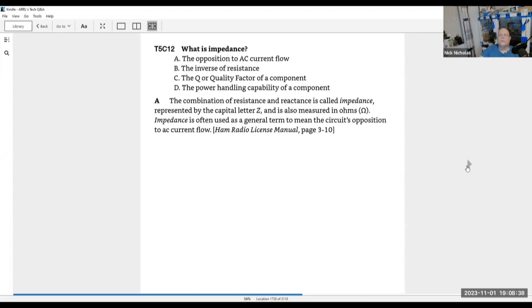It's composed of the resistance plus the capacitive reactance plus the inductive reactance. Now the formula is the square root of the square of each one of those added together. But nevertheless, you don't have many things that will ask you that part of it on the test.